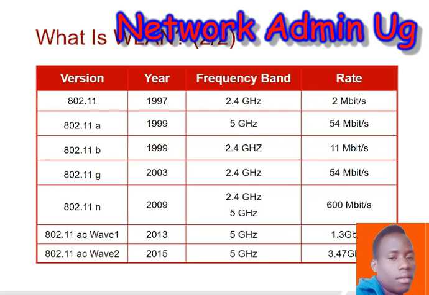Then the new technology was invented, which is 802.11B, actually A standard, but the B standard was the first to be created, and then A came later. So 11B, this standard here, was the second actually.